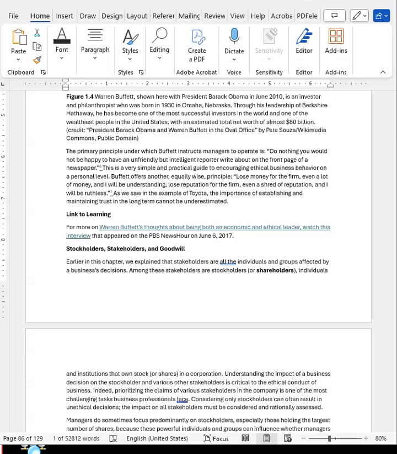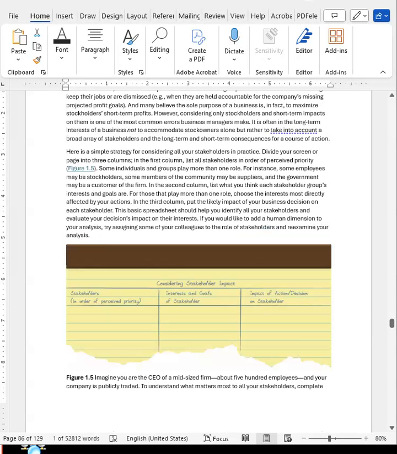Managers do sometimes focus predominantly on stockholders, especially those holding the largest number of shares, because these powerful individuals and groups can influence whether managers keep their jobs or are dismissed, e.g., when they are held accountable for the company's missing projected profit goals. And many believe the sole purpose of a business is, in fact, to maximize stockholders' short-term profits.